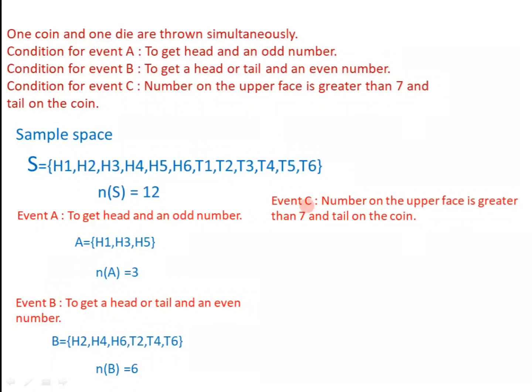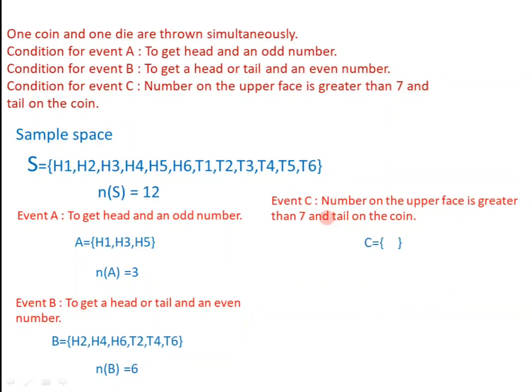Let us have the next event C. The number on the upper face is greater than 7 and tail on the coin. Now we need a number on the upper face which is greater than 7. And as we are throwing a die, and a die has only 6 surfaces, no 7 surfaces there, so we cannot get a number on the upper face greater than 7 in any condition.